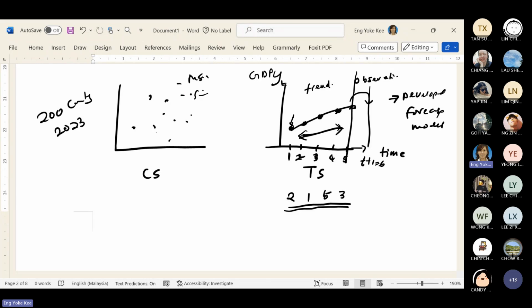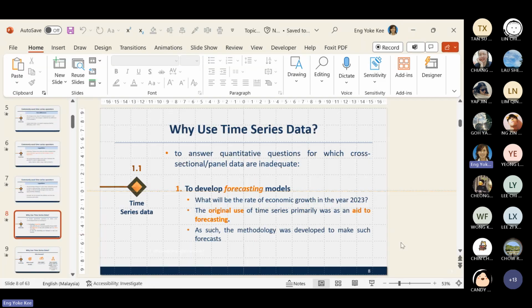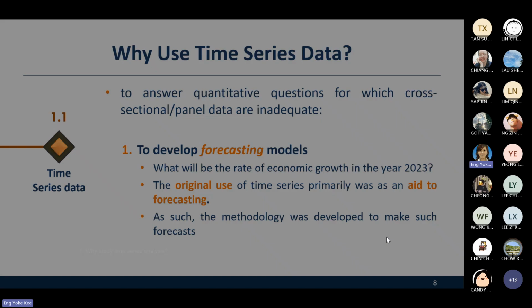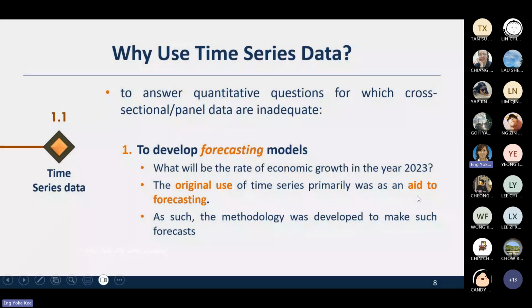The way I arrange my data, who comes first doesn't matter, because it's cross-sectional data, but time series cannot. Because the observations are in time sequence manner, it allows us to do some forecasting by developing a forecasting model. So this is the first key uniqueness of time series data, to help us do forecasting.